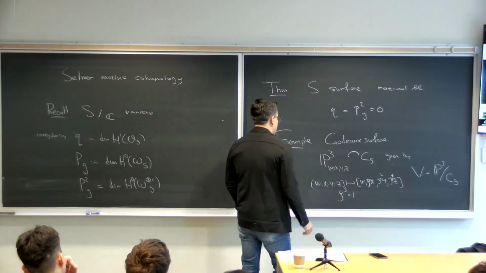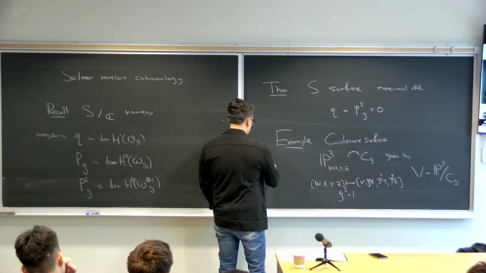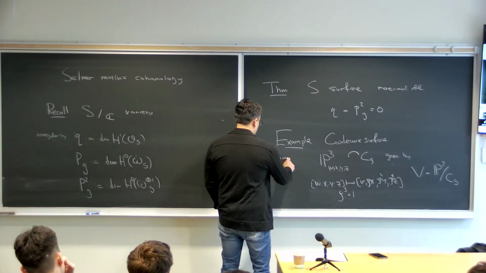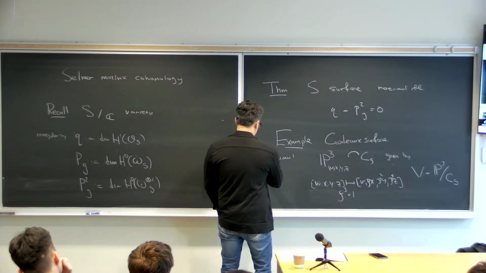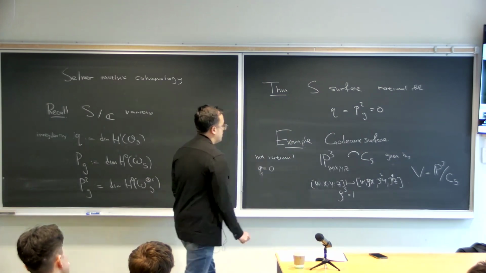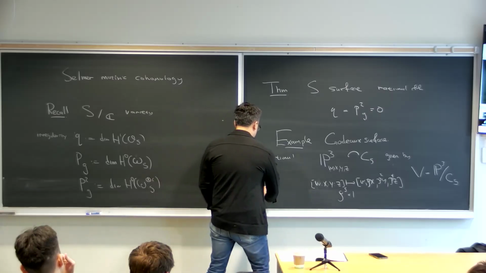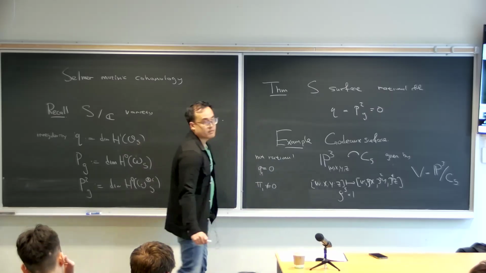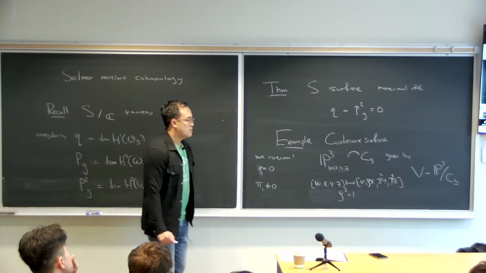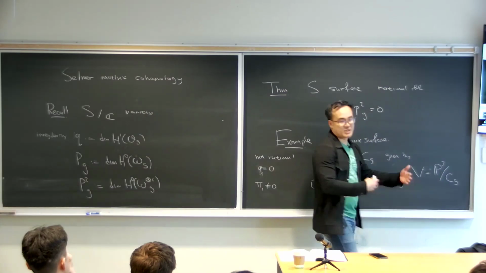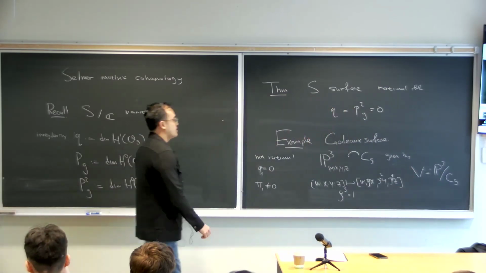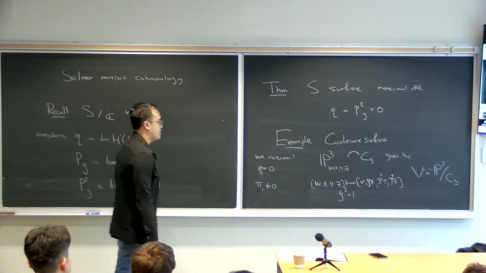It is not rational, but the irregularity q is zero. Of course, pi one is not zero. By this I always mean pick some resolution. I just give you a flavor of what's going on.